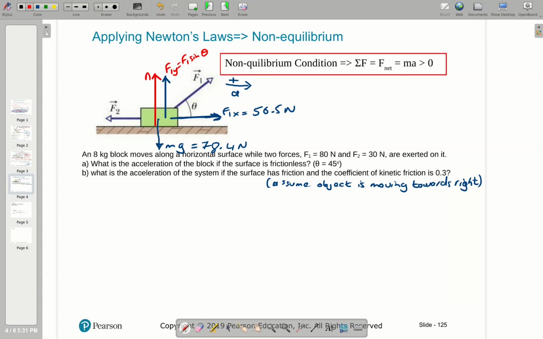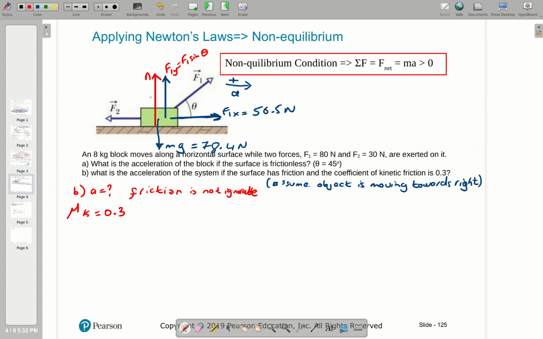I showed everything now. What I'm looking for is the acceleration again, but this time we have friction. Friction is not ignorable. We have mu kinetic friction because the object is moving, and mu kinetic is given to be 0.3.